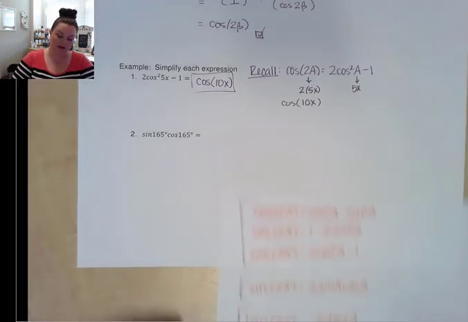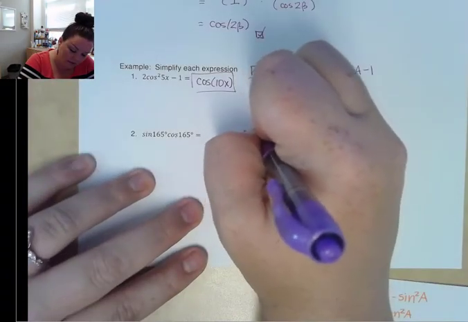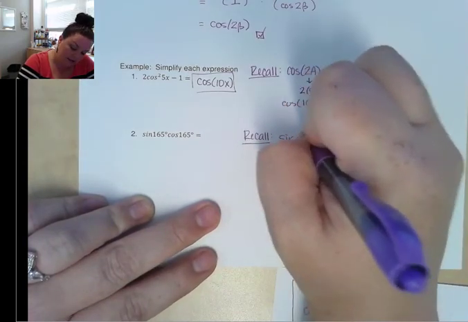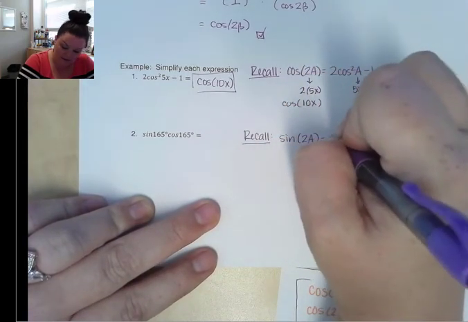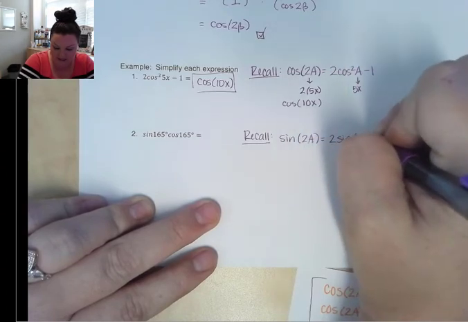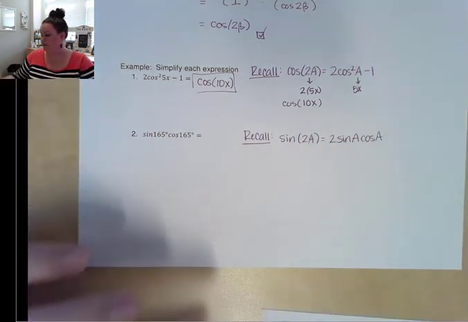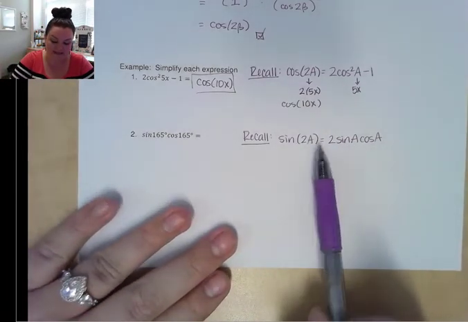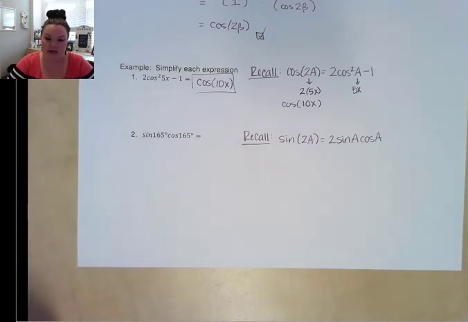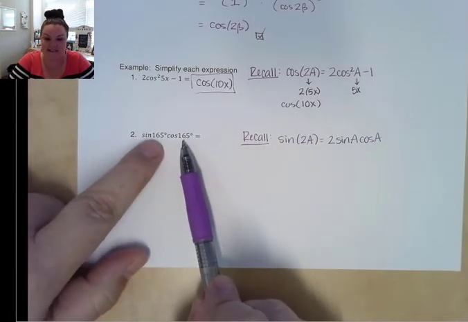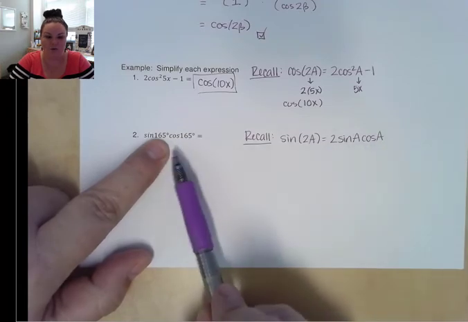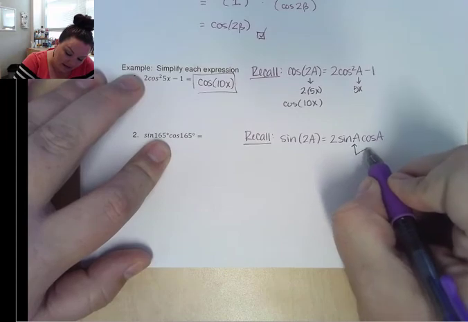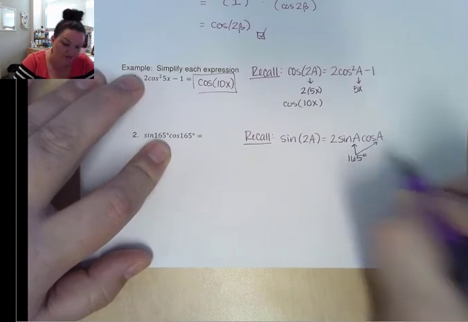So I'm going to go ahead and write that formula right here. Recall that sine of 2a is equal to 2 times sine a cosine a. All right. So I'm going to go ahead and just rewrite this as if this is what we were given. Okay, so we can see here that the angle that's the same on my sine and my cosine has to be 165, right? So the A here and the A here has to be 165 degrees.